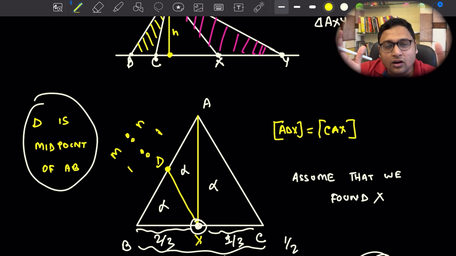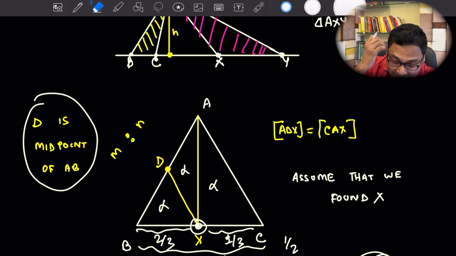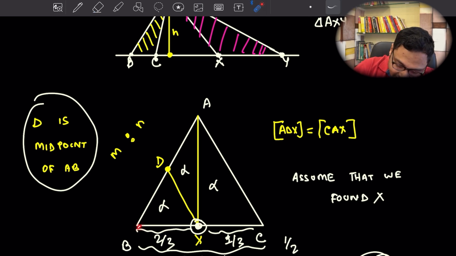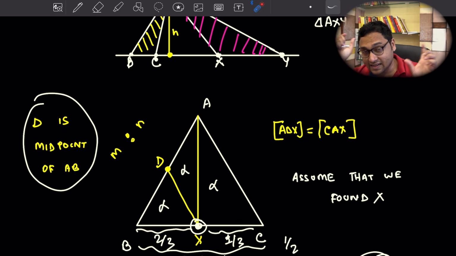Whatever the length of AB is, you can assume that one of them is 1 and the other one is some number T. It doesn't really matter. All that matters is that we are able to split AB into some ratio of two numbers. That's all that we need.